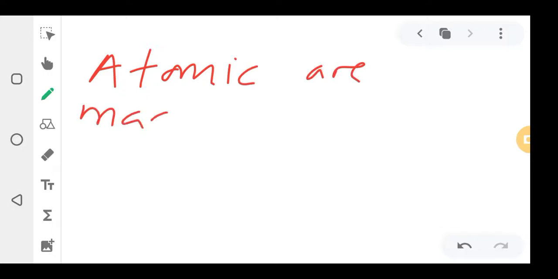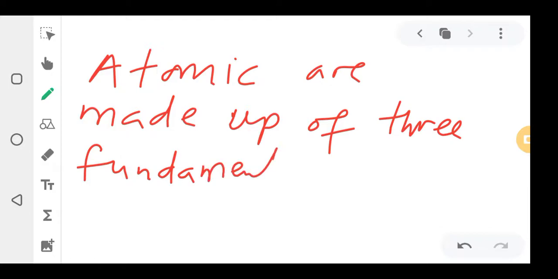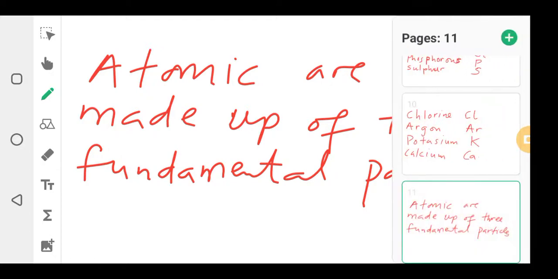Now, atoms are made up of three fundamental particles.